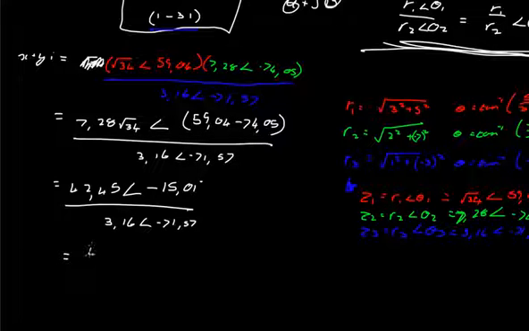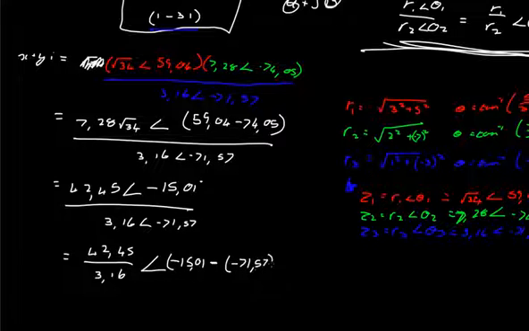So 42.45 over 3.16 angle theta 1 minus theta 2, which is minus 15.01 minus negative 71.57.